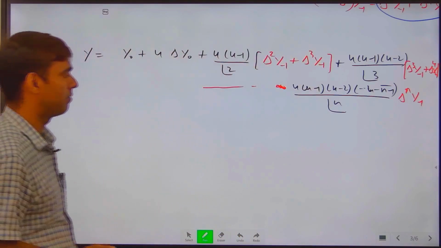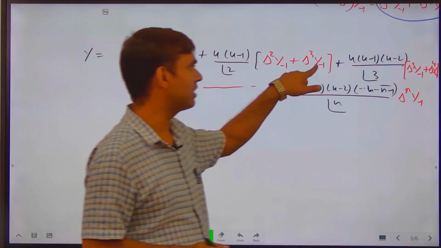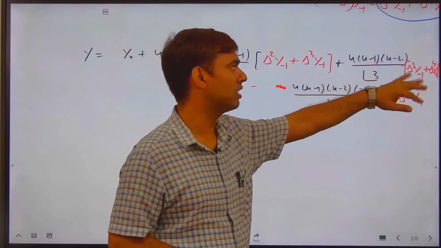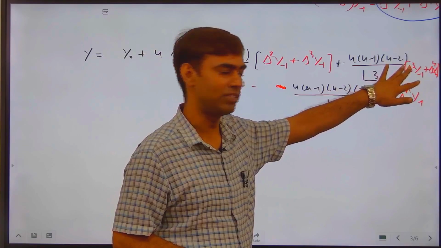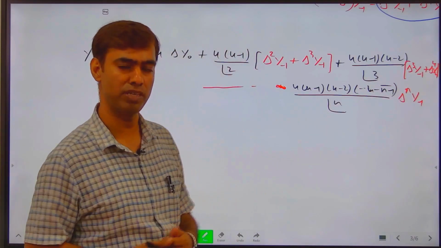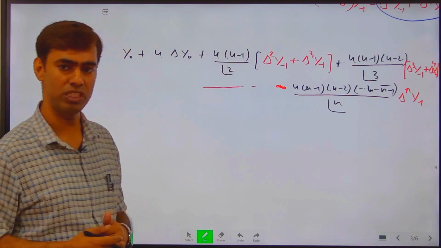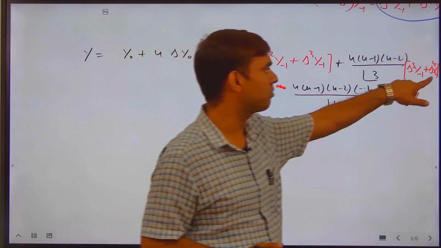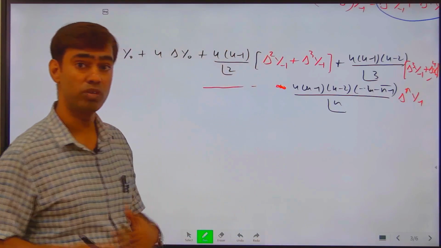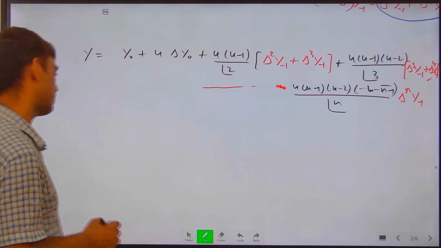So, after that there is a need to write the value of del 3 y minus 1. So we have the value of del 3 y minus 1. There is a need to convert del 4 y minus 1 in terms of y minus 2. Again we repeat this procedure in order to convert del 4 y minus 1 into del 4 y minus 2.